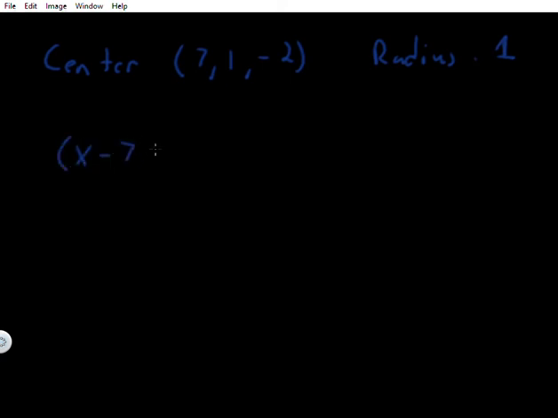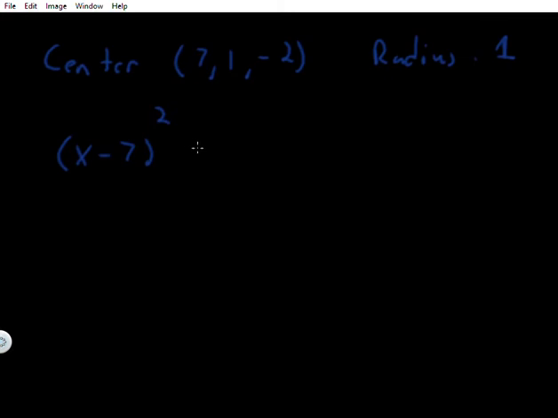So now that we know how to use the midpoint formula, let's find the equation of a sphere with its center at (7, 1, -2), and with a radius of 1 unit. So go ahead, if you want to be ambitious, give this a try. I already showed you the equation of a sphere, and literally all you have to do is plug in the center and the radius.